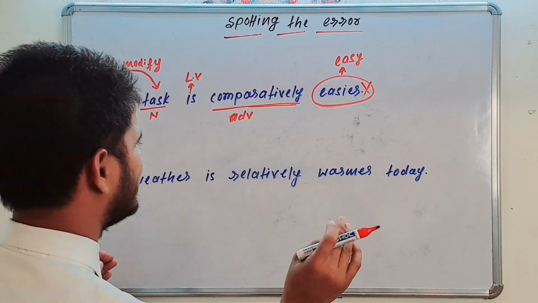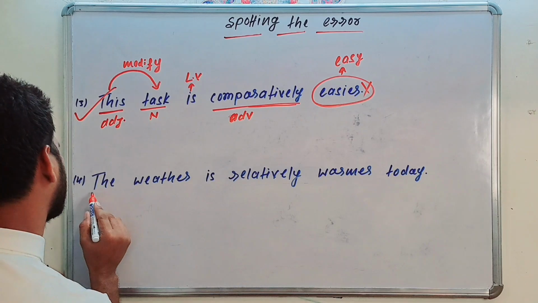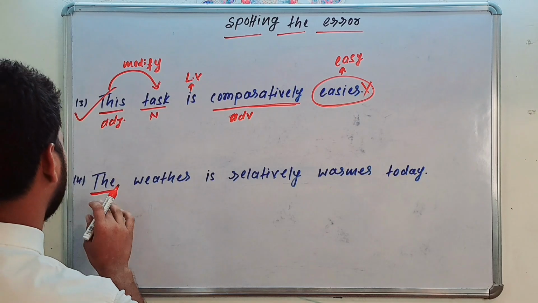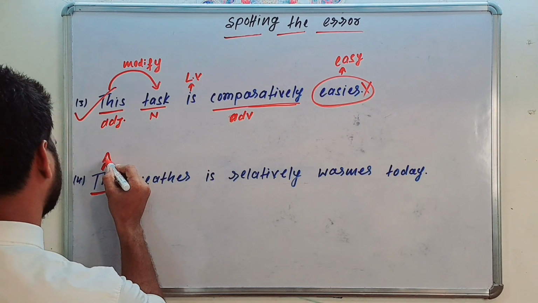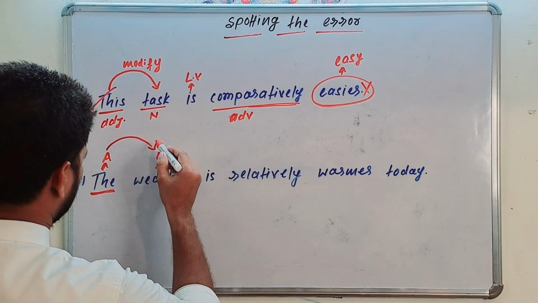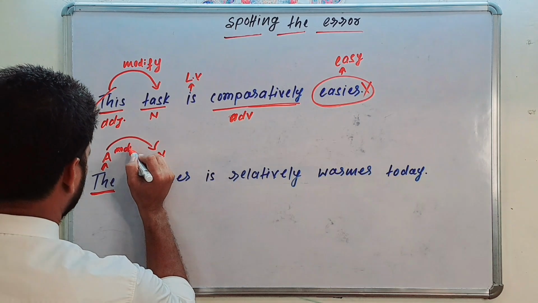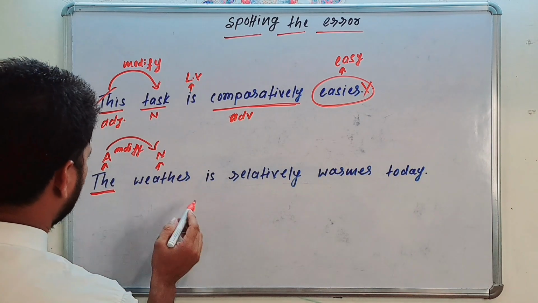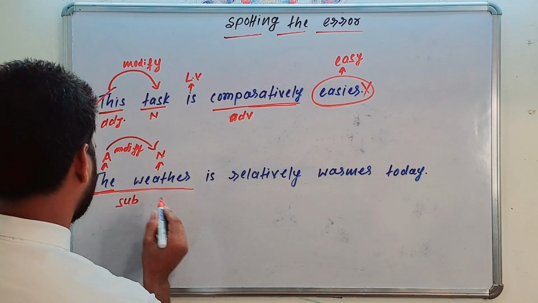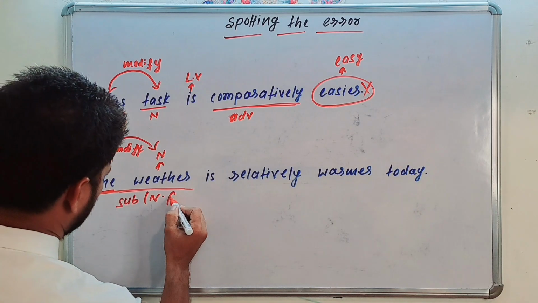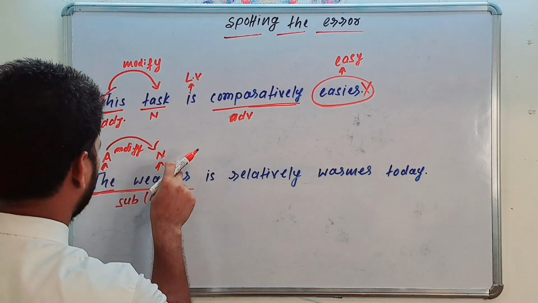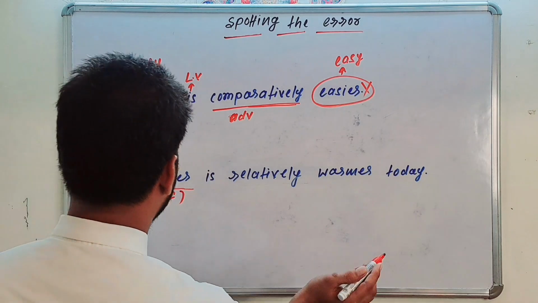Here, see, "the" is basically your article, weather is a noun, and the article modifies the noun. The weather is the subject, and also a noun phrase.